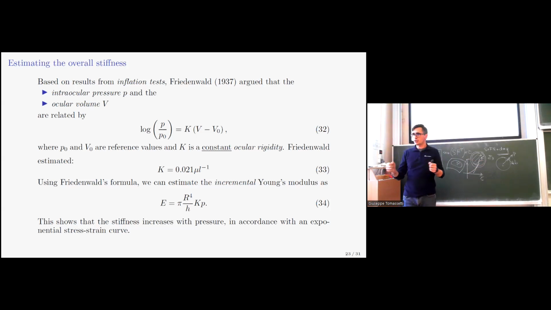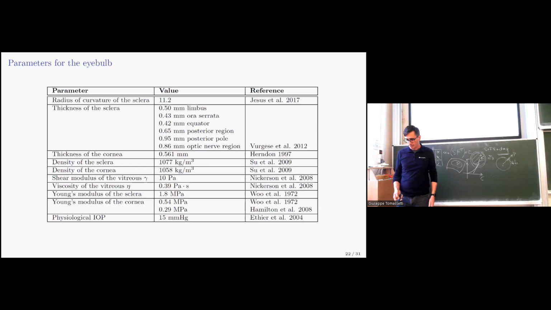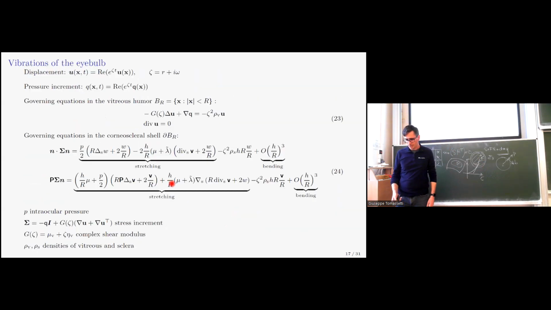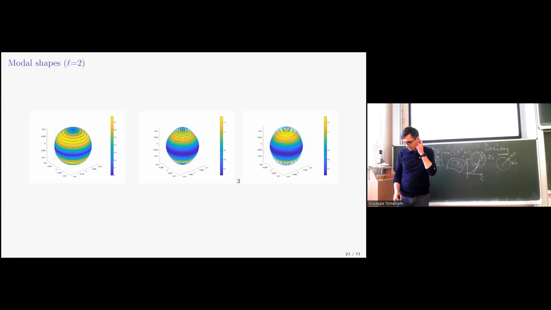The more you stretch the eye by applying more pressure, the more you move the system to the right, and this increases the stiffness. So in the equations that we have to solve, the pressure does not come only through this term, which is geometrical, but should also affect these terms. So this should be constitutive. Okay? There is a double effect.